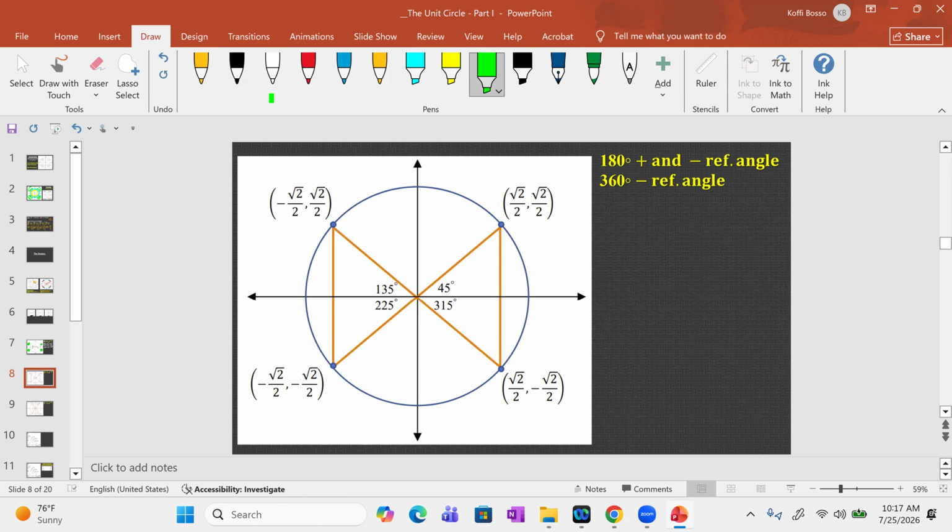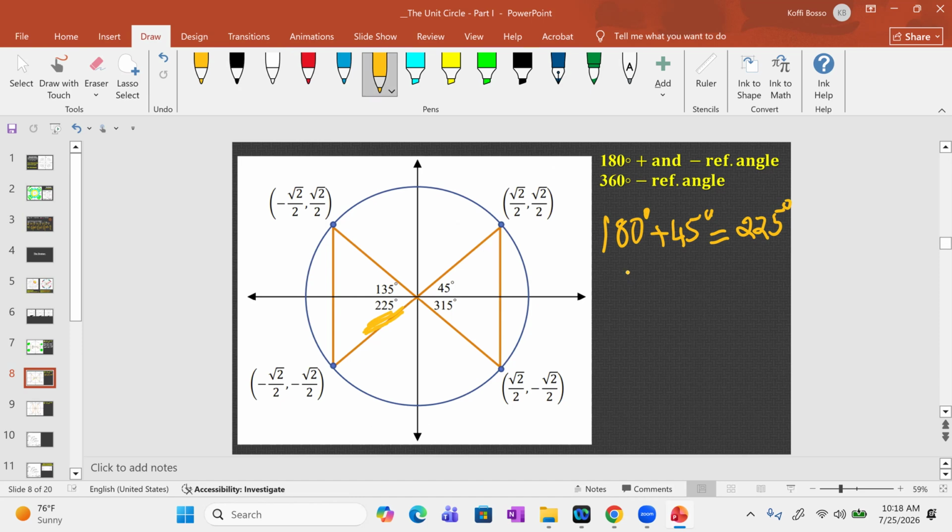Now, if you remember, for the orange point or color, we have 45 degrees as a reference angle, and we use the same strategy here to figure out the other values. So if you take 180 degrees and you add the 45 degrees, you get 225 degrees, which is the 225 here.